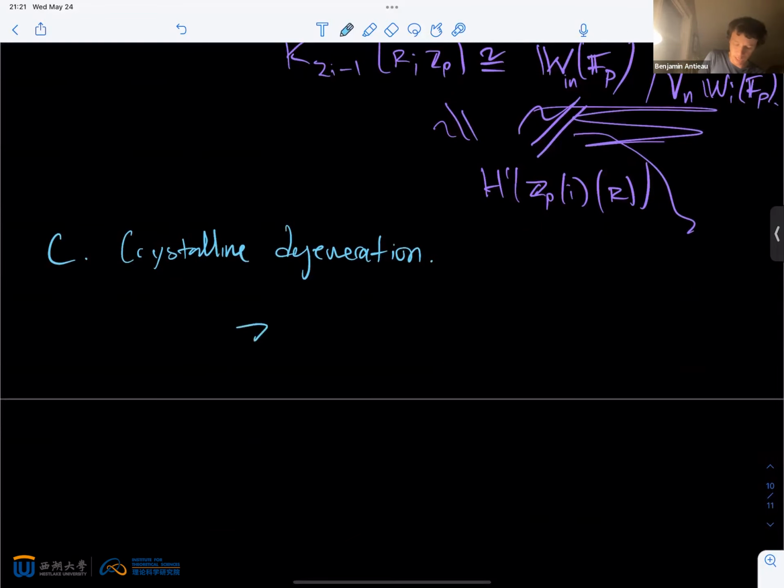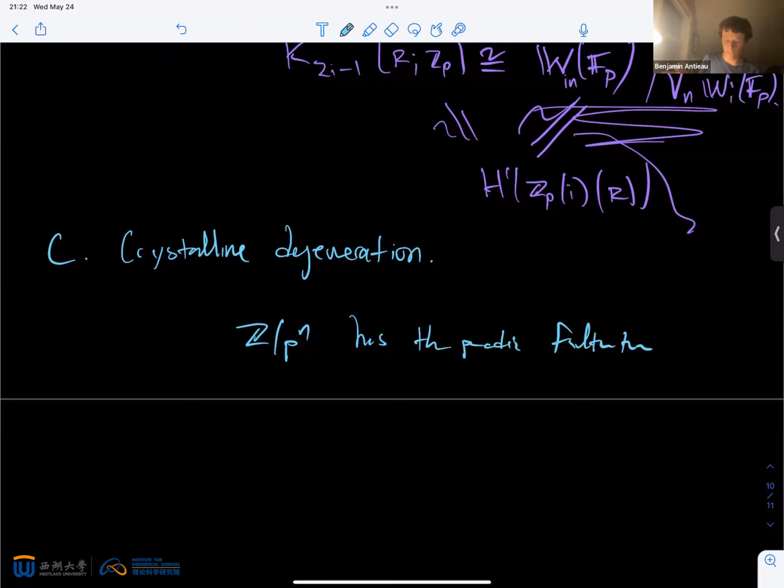Z mod p^n has the p-adic filtration, just given by Z mod p^n, the ideal p, the ideal p squared, and eventually I get 0 at some point.